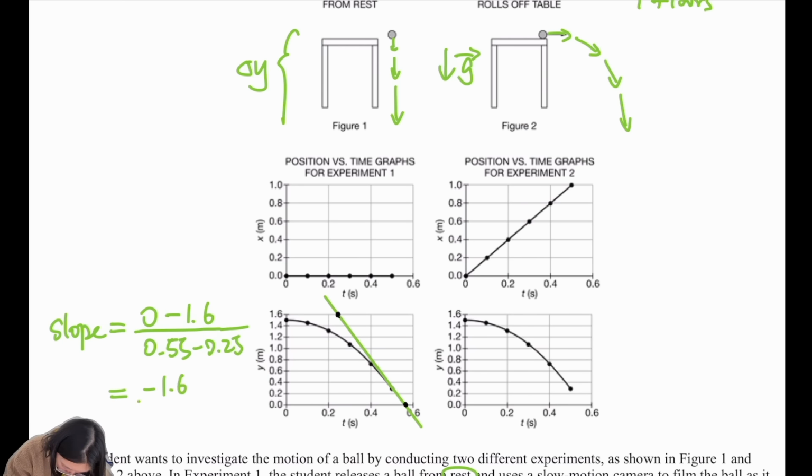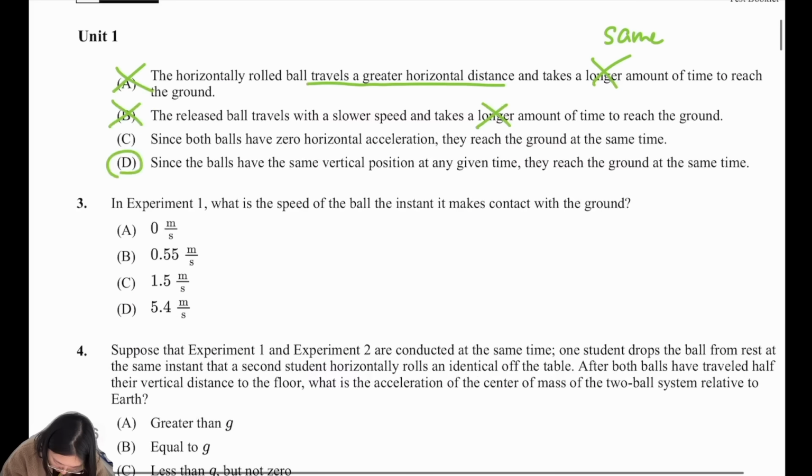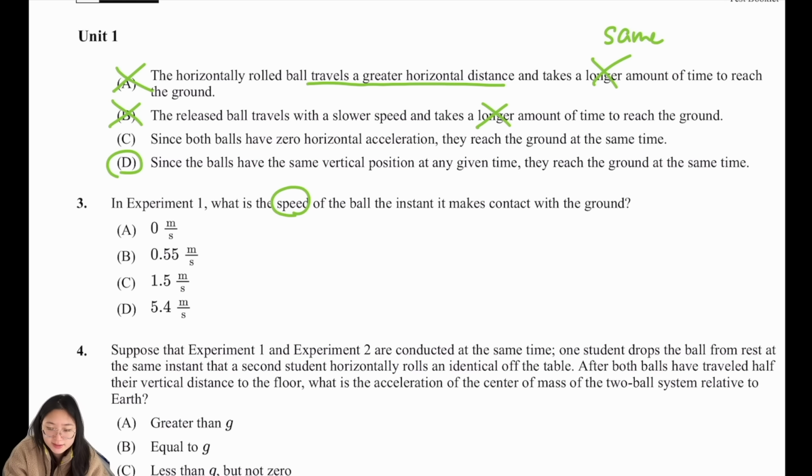So negative 1.6 divided by 0.3. That's approximately negative 5 meters per second. As for the speed, we only take the actual value. So if the velocity is negative 5 meters per second, then its speed is approximately 5 meters per second.